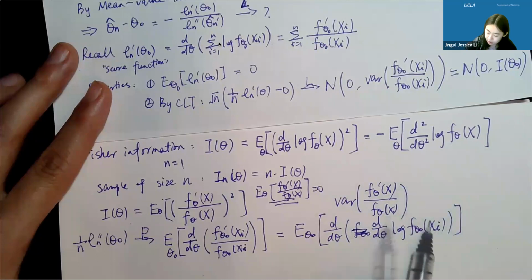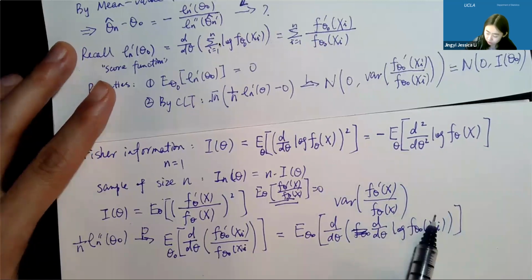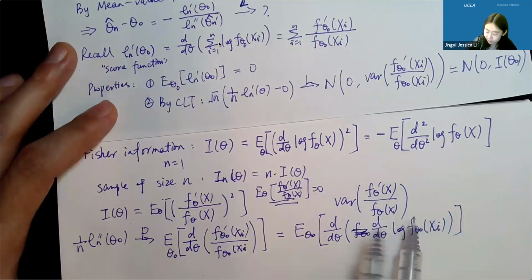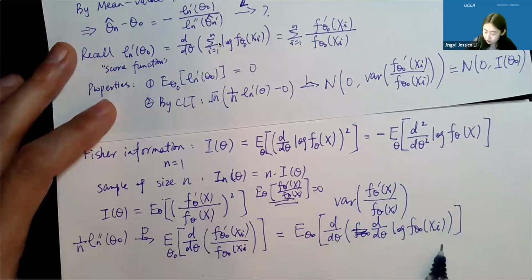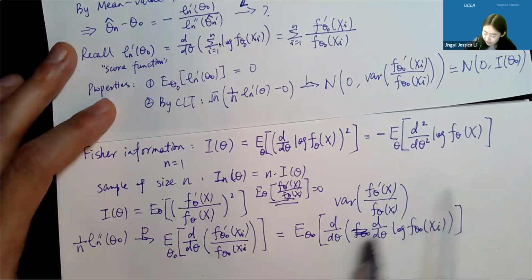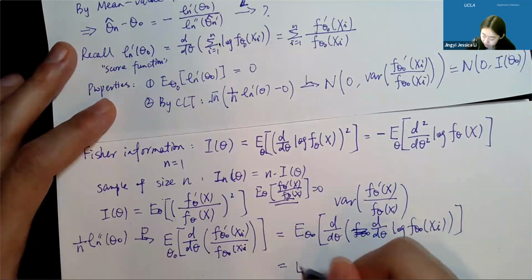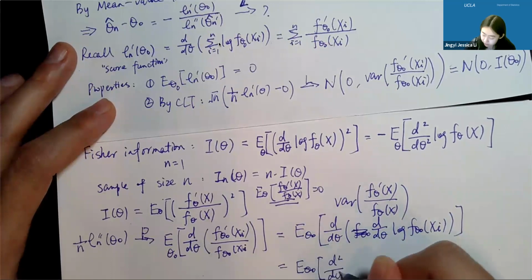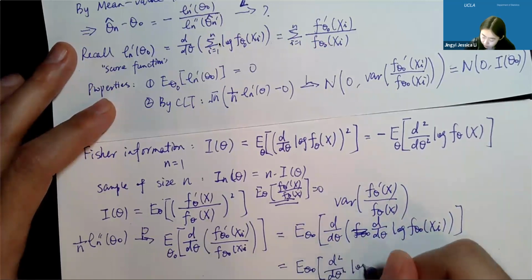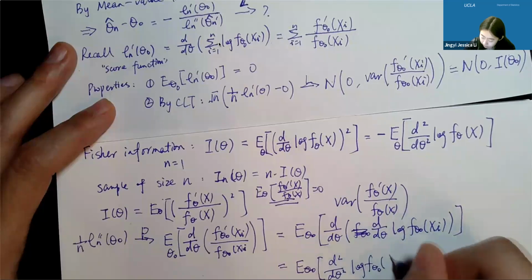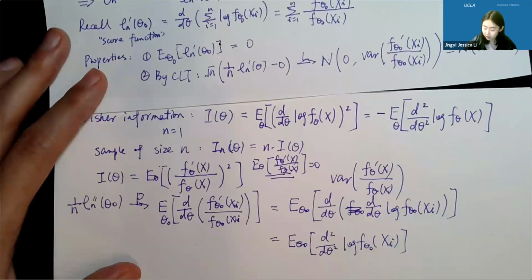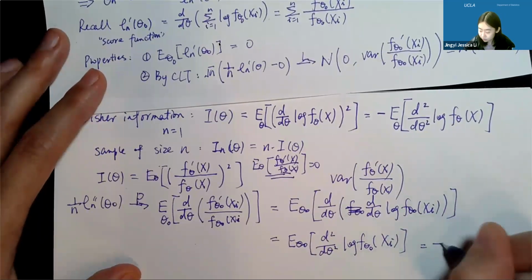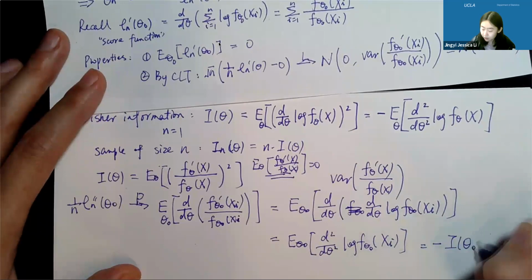I use this first, by the chain rule, to obtain this form. Now I'm going back. So essentially, this is just the expectation of the second derivative of log f theta 0 at x_i. And what do I have here? This is just the negative Fisher information at theta 0.